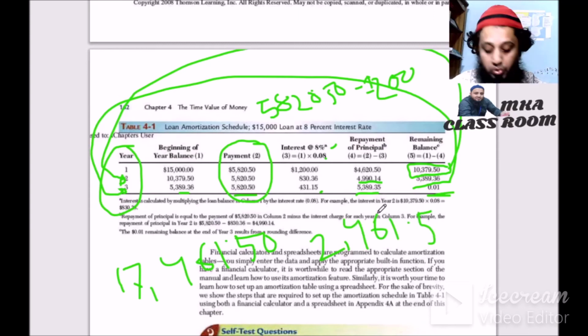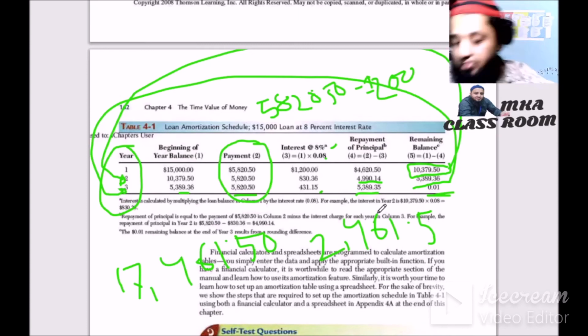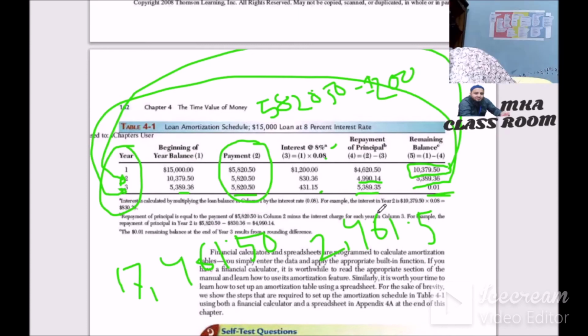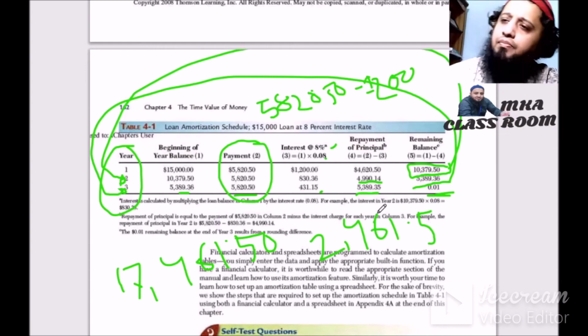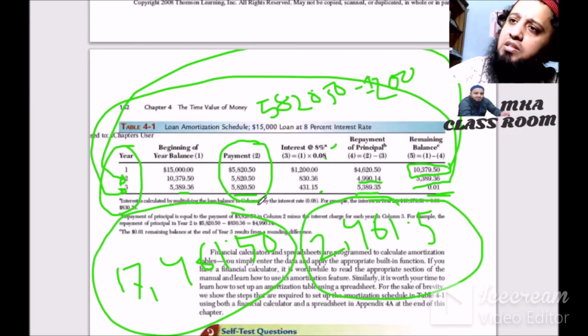So we take a loan of 15,000 taka from the bank, and on it we pay interest of 2,461.50 taka, paying installments of 5,820.50, which contain interest and repayment of principal.